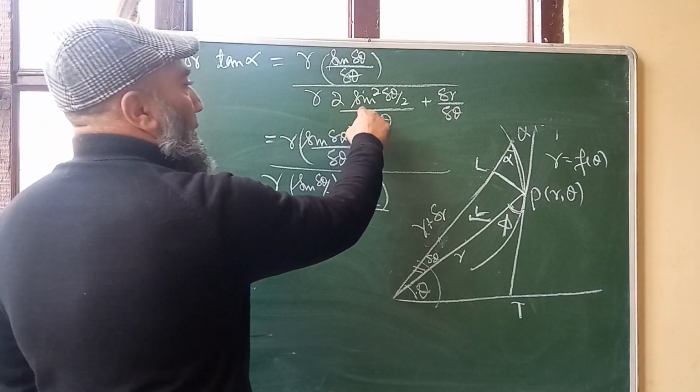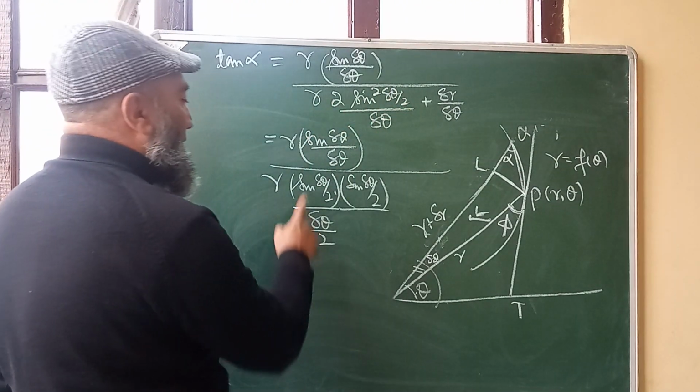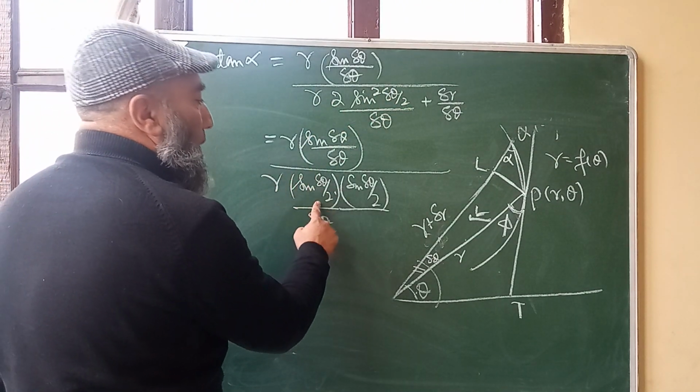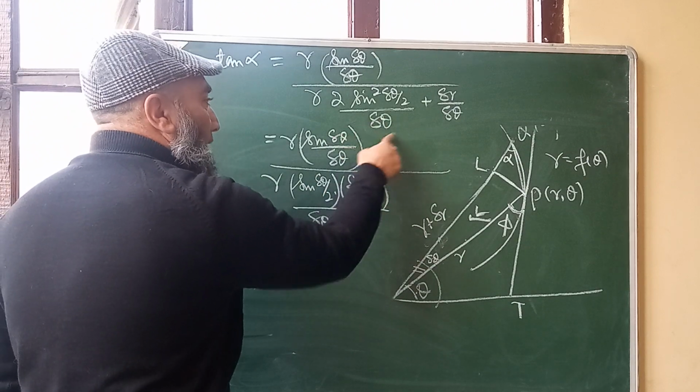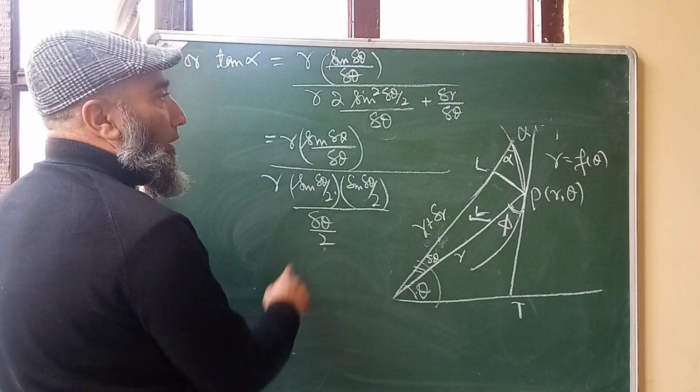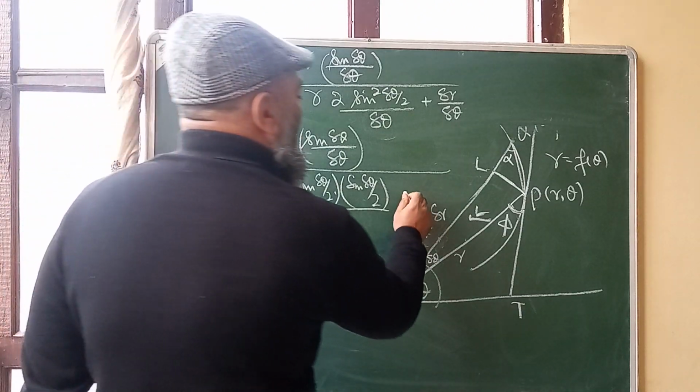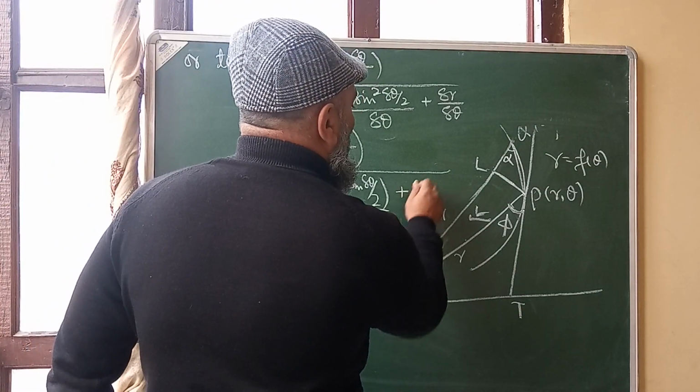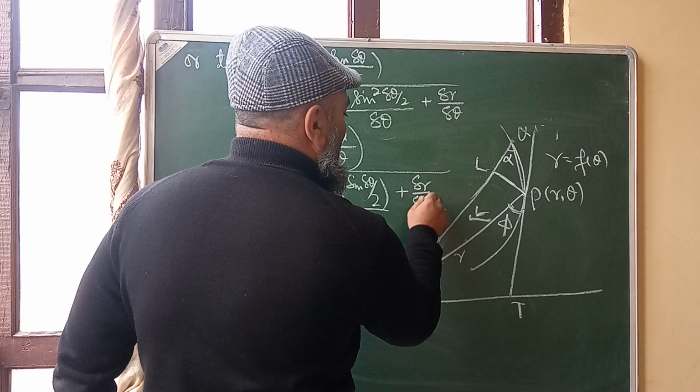Twice sine square del theta by 2 I have written as R sine del theta by 2, sine del theta by 2, then del theta, and this 2 is in the numerator. Then what remains is del R by del theta. Fine?